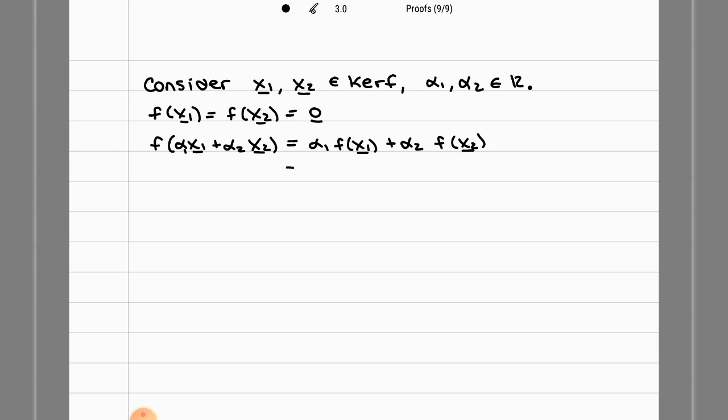And since we know that both f of x1 and f of x2 are going to give us the null vector, this will give us alpha 1 times the null vector plus alpha 2 times the null vector again, which will give us the null vector for both.